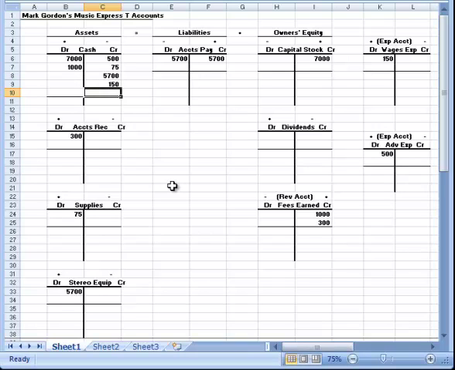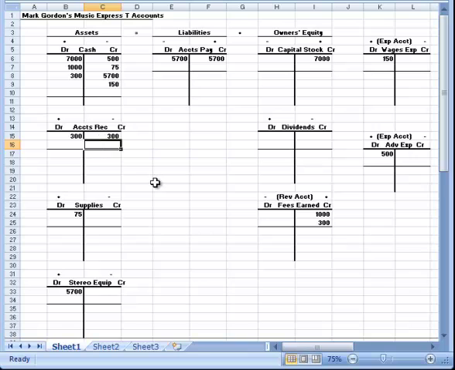I said received cash from the customer billed in G. All right, and that was the $300. So if we receive the cash, we are going to debit cash for $300, and we are going to credit accounts receivable for $300.